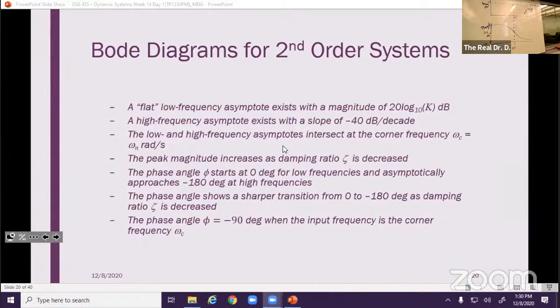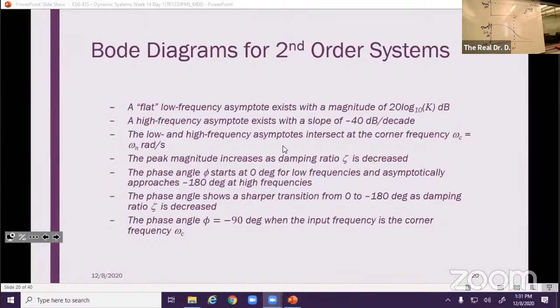High frequency asymptote with minus 40 dB per decade that starts at the corner frequency, which is my natural frequency. The peak magnitude increases as the damping ratio is decreased. The phase angle starts at 0 and moves to minus 180. The phase angle shows a sharper transition for lower zeta. And the phase angle of minus 90 happens at omega c.